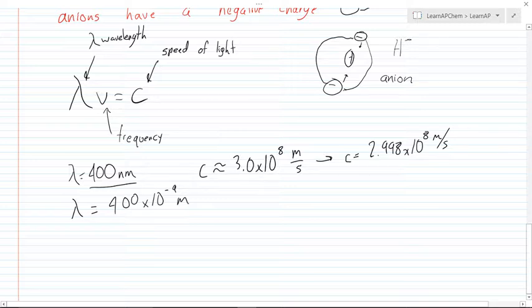I guess that's not proper scientific notation, but if you're plugging this into your calculator, I wouldn't really worry about it. That being said, if you're going to write this on the AP test, you should write it as 4.00 times 10 to the negative 7th meters. Okay.